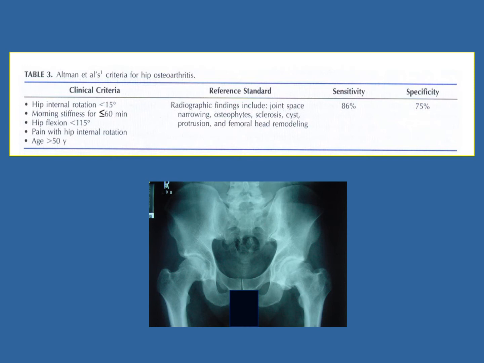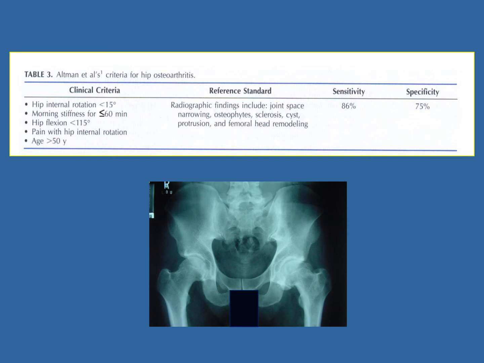With respect to sensitivity, if individuals don't have these findings, right, they don't have limited hip internal rotation or limited flexion, they don't have pain with internal rotation, they don't have morning stiffness, and they're younger, I think if you have that cluster we just described, we would probably say that this is not related to hip osteoarthritis.